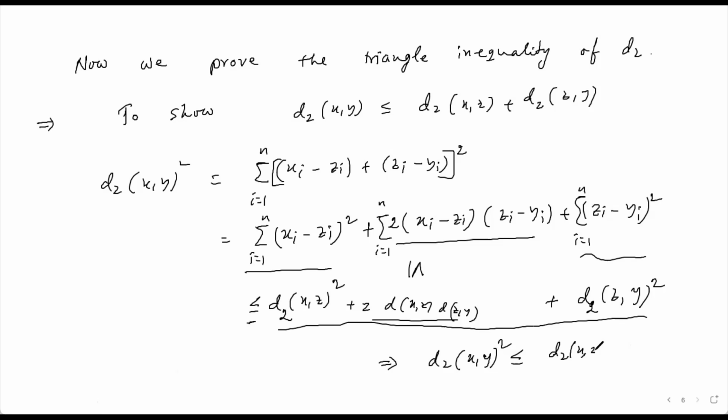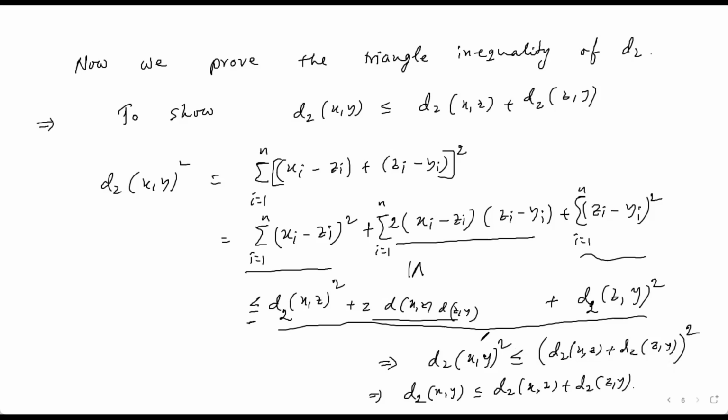All these are non-negative, so d2 of (x, y) is less than or equal to d2 of (x, z) + d2 of (z, y). So this is the triangle inequality for d2.